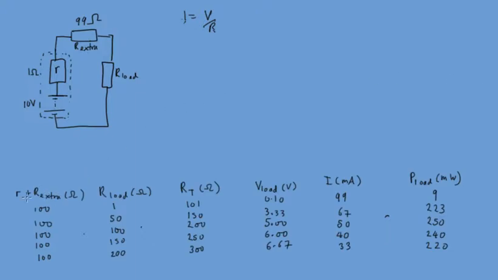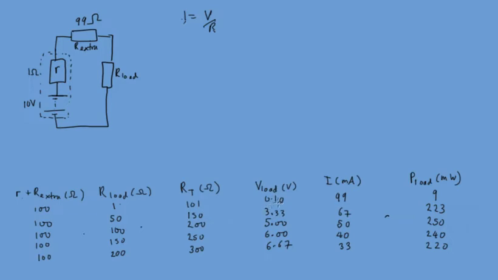Here, instead of just having our internal resistance, we have internal resistance plus this extra resistance. So now this is a lot higher. It's sitting at 100, that's why we picked 99. And our load resistance we're going to change through a number of different values. And our total resistance is these two values added together.